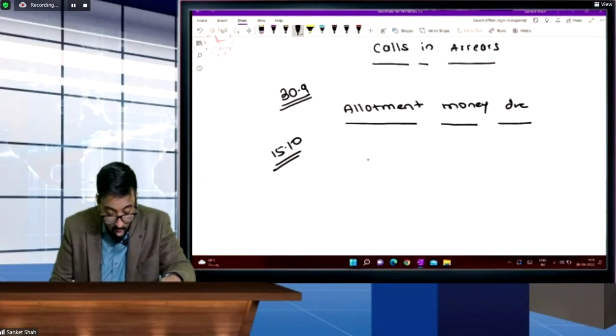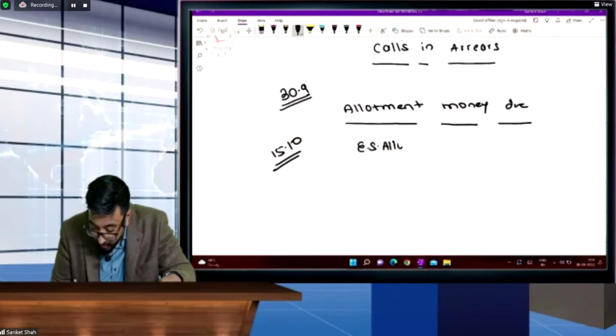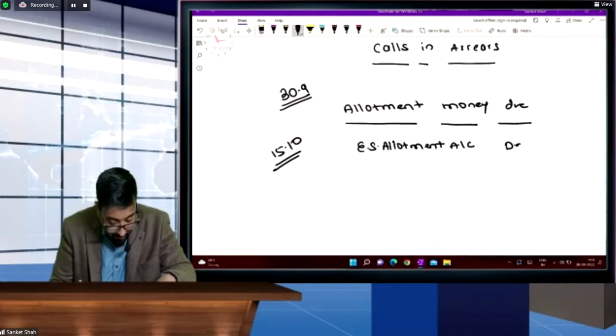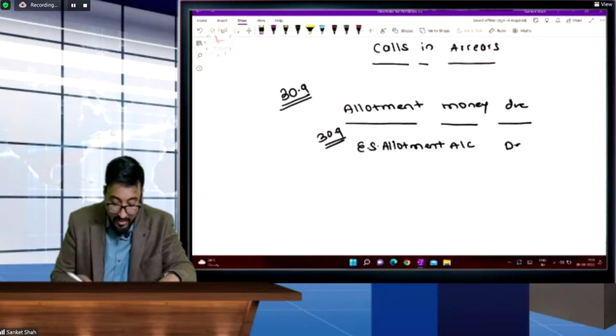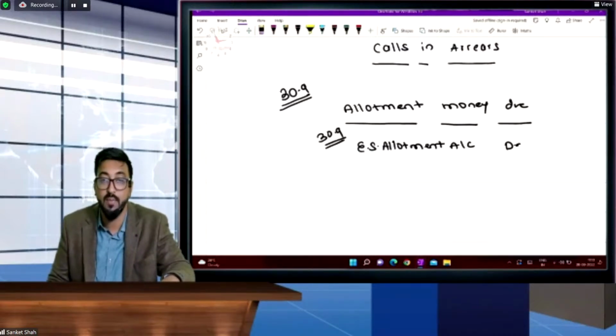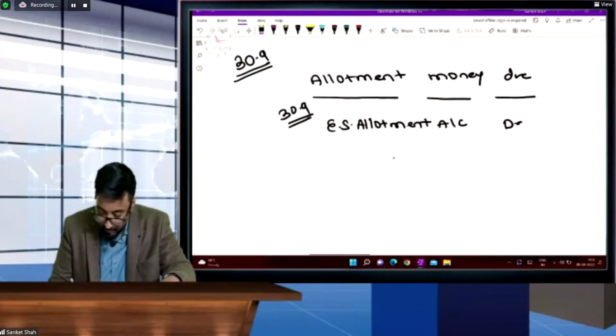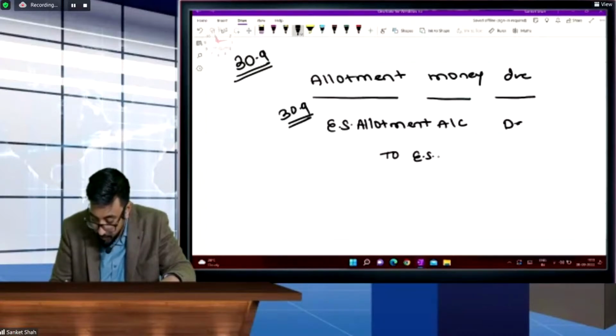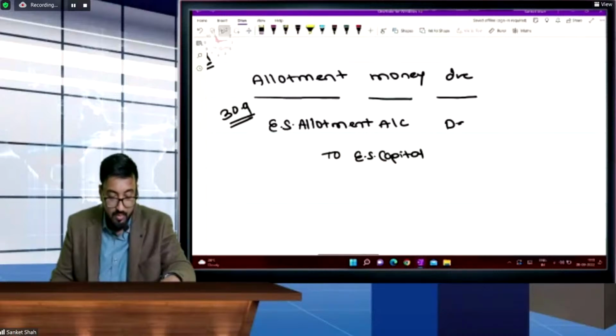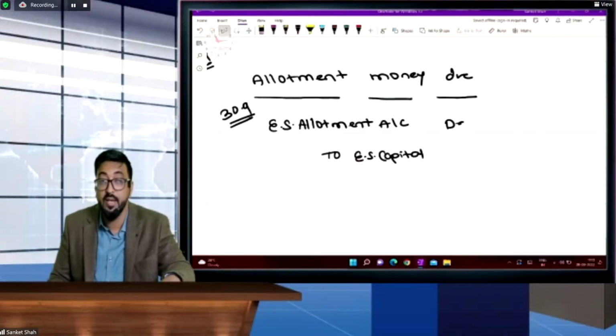So allotment money due is equity share allotment account debit on 30th September. On 30th September, I will pass the entry: equity share allotment account debit to equity share capital. So what is the entry?